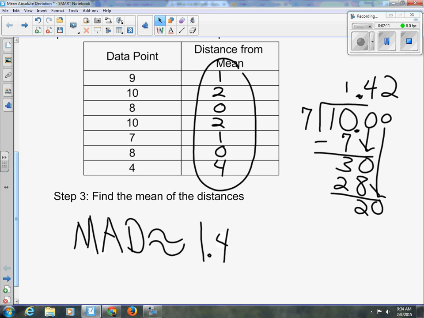And to be honest with you, as a teacher, I would like my mean absolute deviation to be really small. Because that means that you guys all got about the same score. You were all very close in scores. If I have a larger mean absolute deviation, that means I have a larger range of scores.